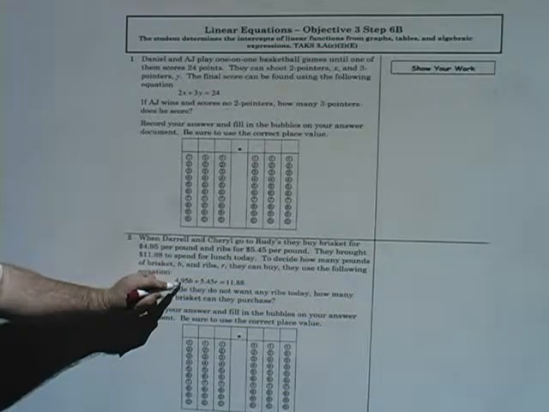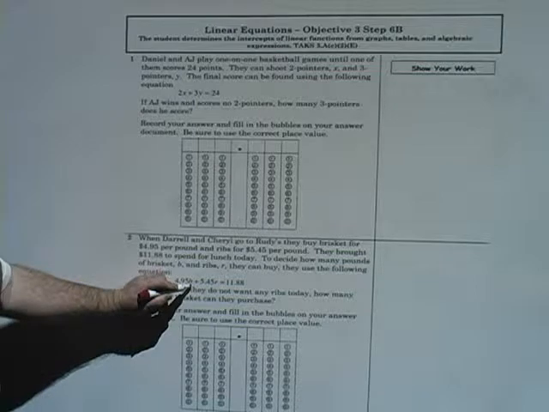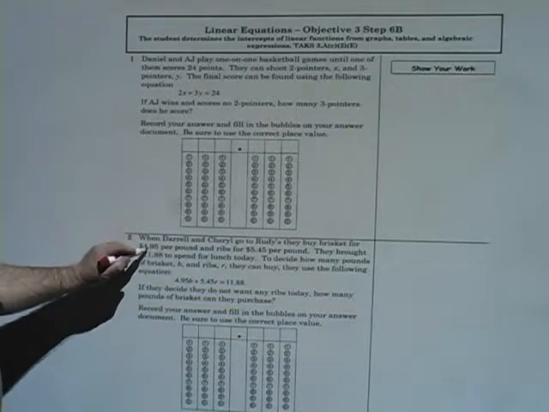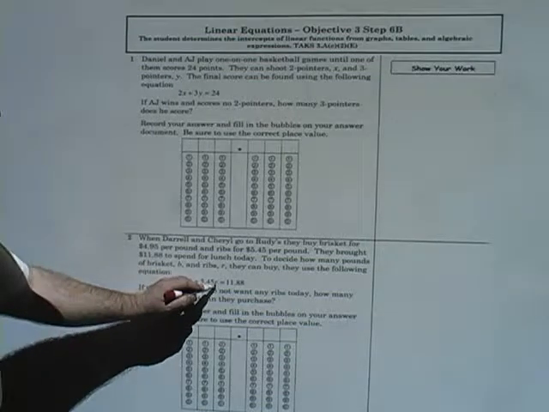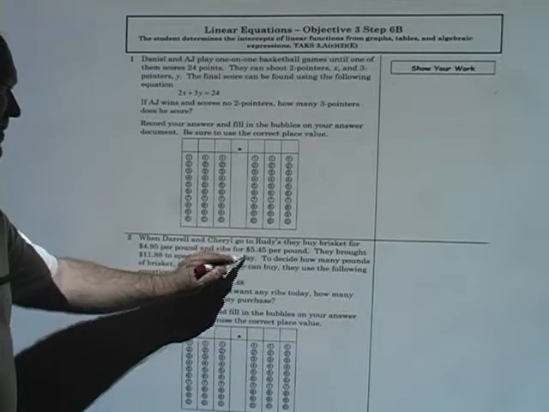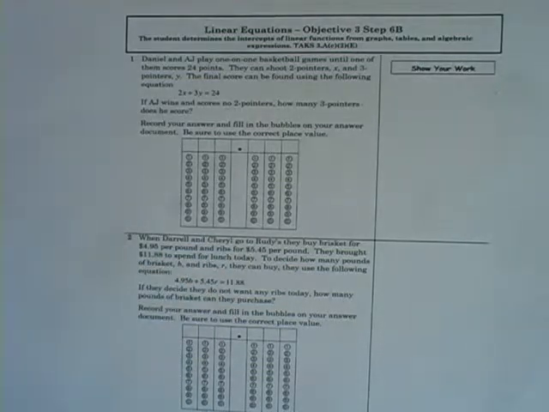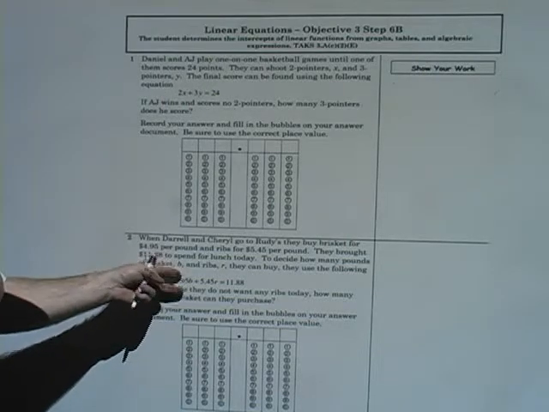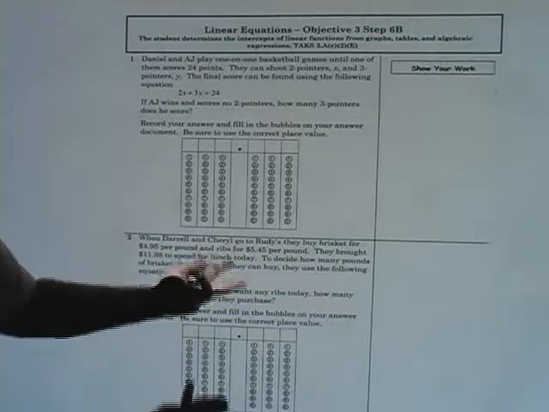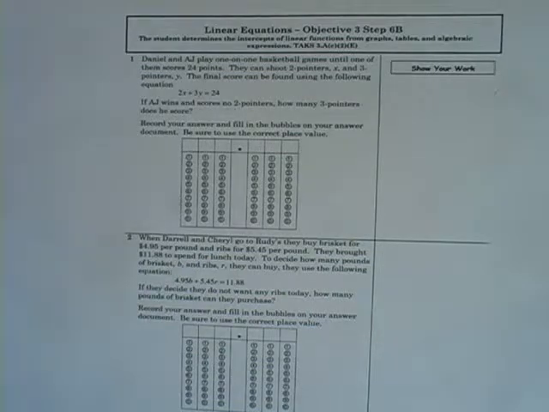Okay, $4.95 for each pound of brisket. That's what we're told right here. And $5.45 for each pound of ribs, right here. And you total those up, okay? That tells you how much you spent on the brisket and the ribs. Total that up, has to be $11.88.